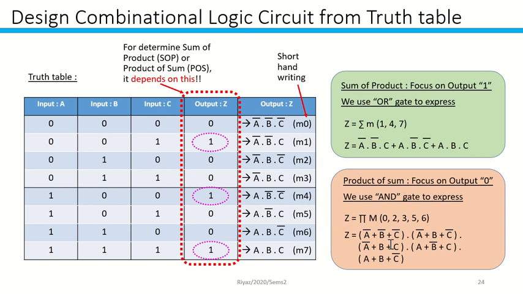Then the response is from here. So A bar, B bar, C bar, because this is an inverted POS.